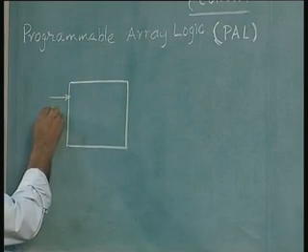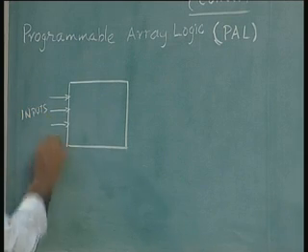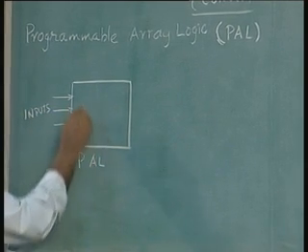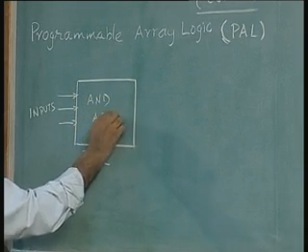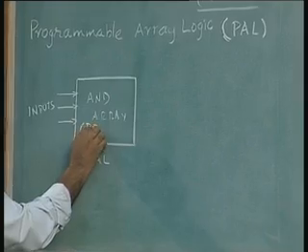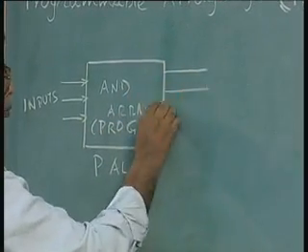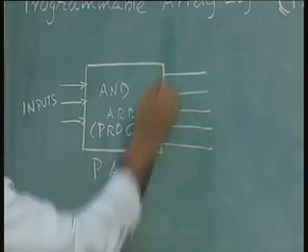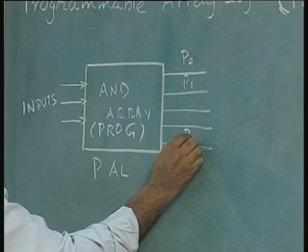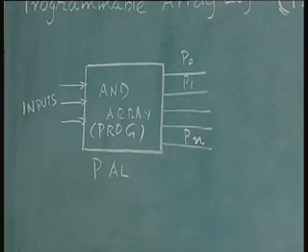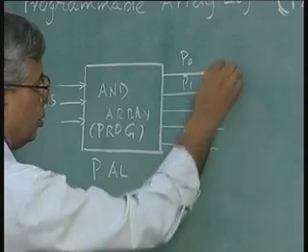We have the inputs, and we generate the AND array as we did earlier by programming, to get some product terms P0 to Pn maybe, and put them in an OR array.